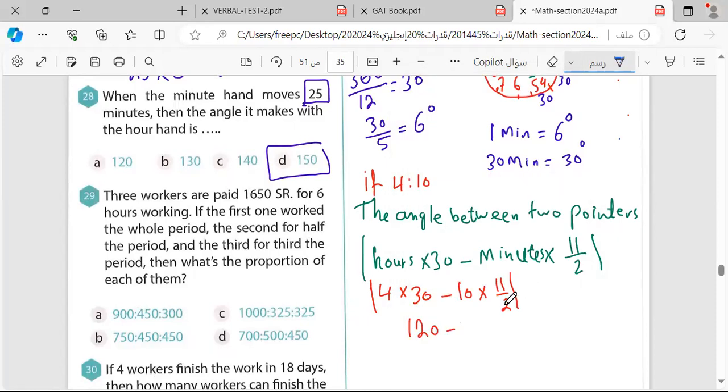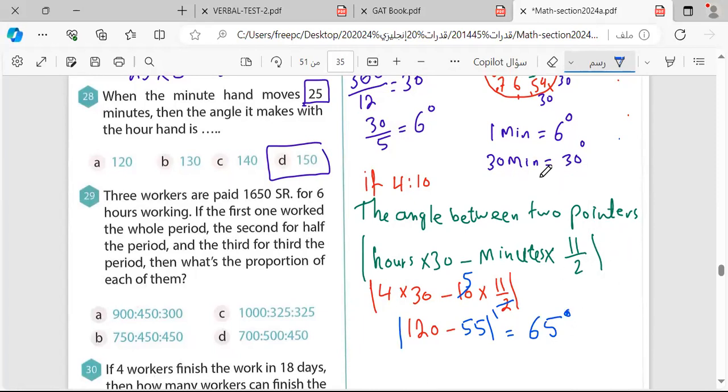Now you can simplify, it is 1, and here will be 5. 5 times 11 is 55. Then absolute value, 120 minus 55 is 65, right? So the degree is 65.